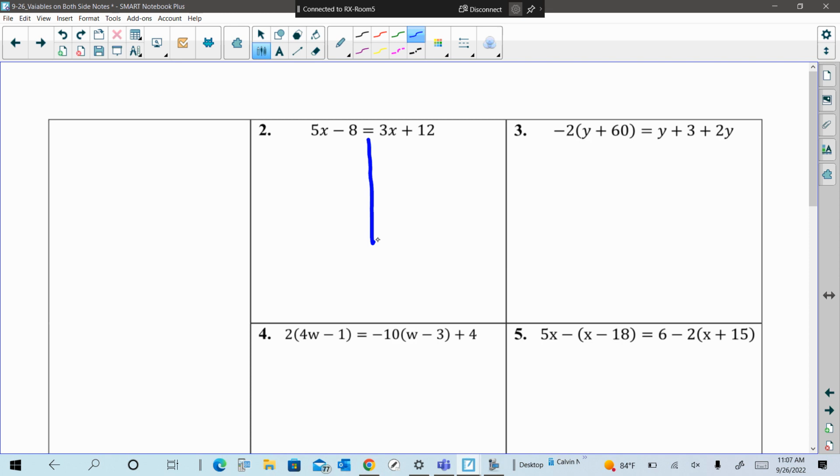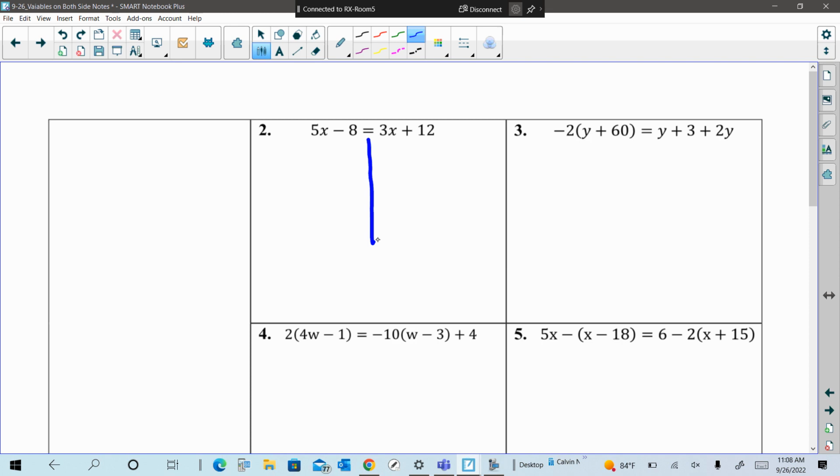That's what I'm asking. Camila: 5x and 3x. But 5x is on the left side and 3x is on the right. Negative 8 is on the left and 12 is on the right. They have to be both on the left or both on the right. They have to be on the same side to combine like terms. So I don't have any like terms to combine.